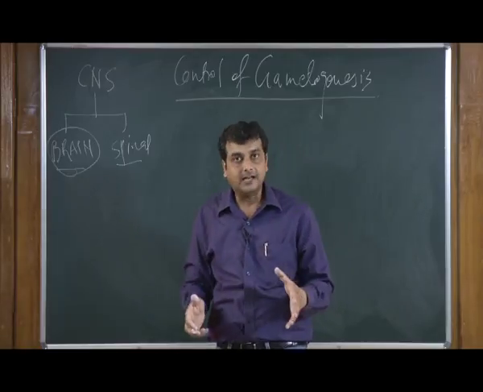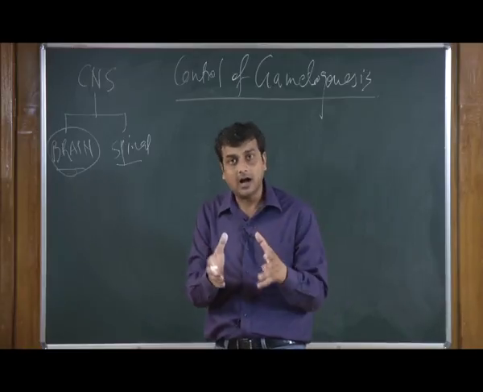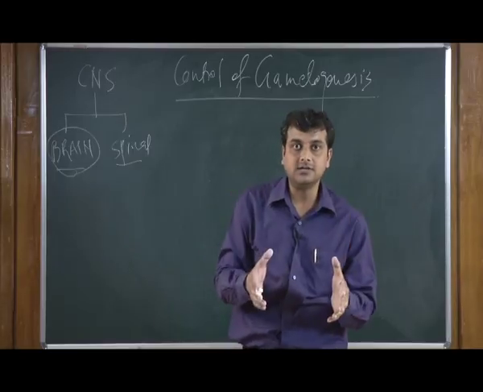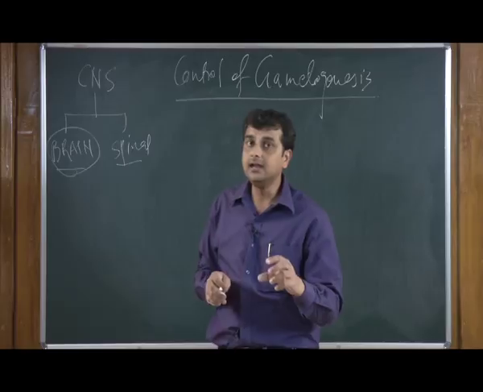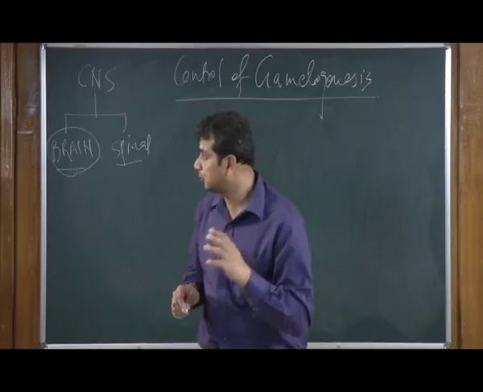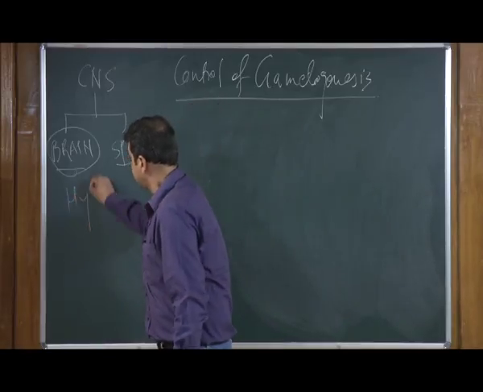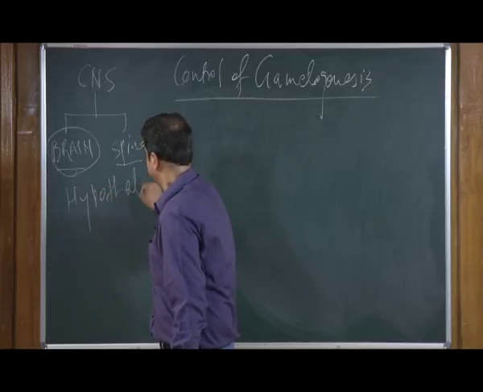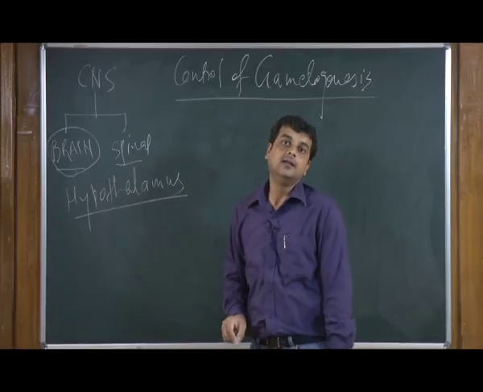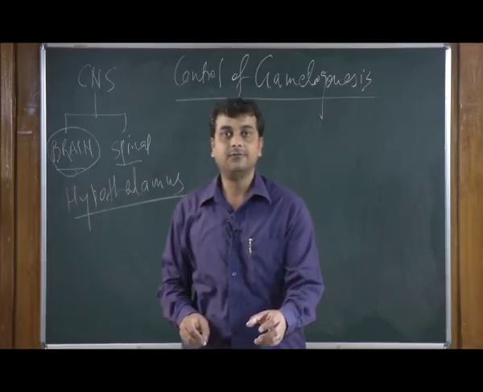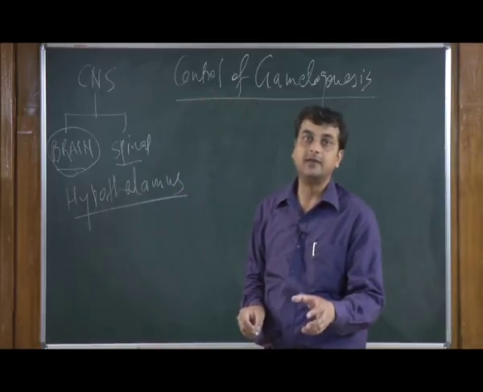The brain is a very complex organ, and many hormones and much neuronal regulation are controlled by this structure. In the brain, there is an area called the hypothalamus, a very important area that secretes a very specific hormone called gonadotropin releasing hormone.